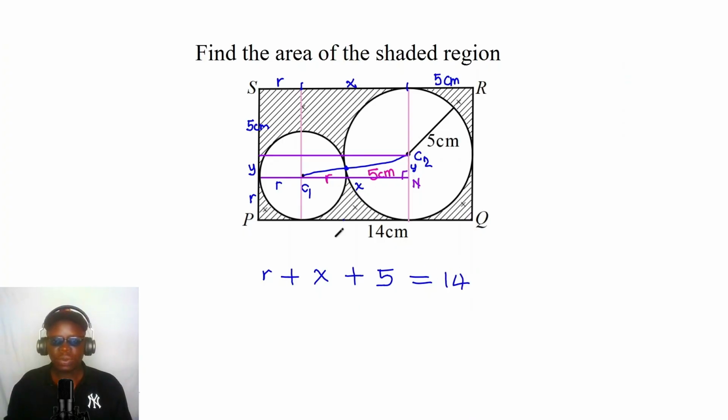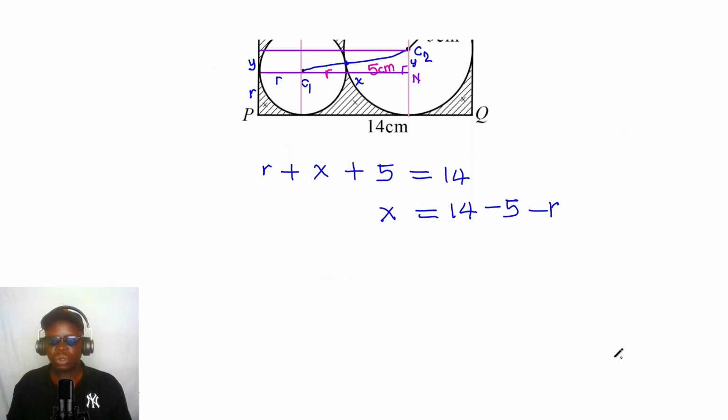Our main interest is to get X, so we're going to leave X alone here, and for the like terms, we'll have minus 5, also minus R. We can subtract away these 2, so we have X equals 14 minus 5, which is 9 minus R. Let's preserve this as our horizontal distance, and for that case, we call it the base of this triangle.